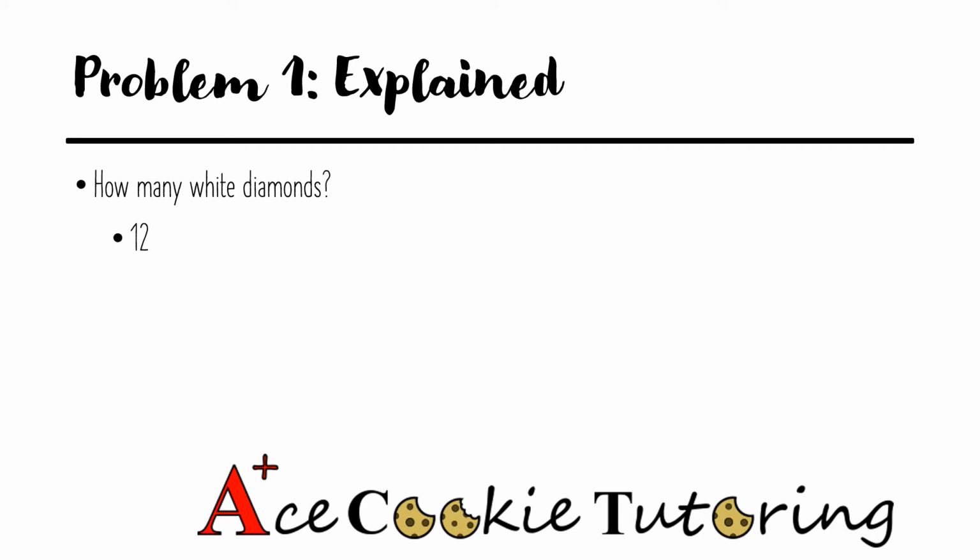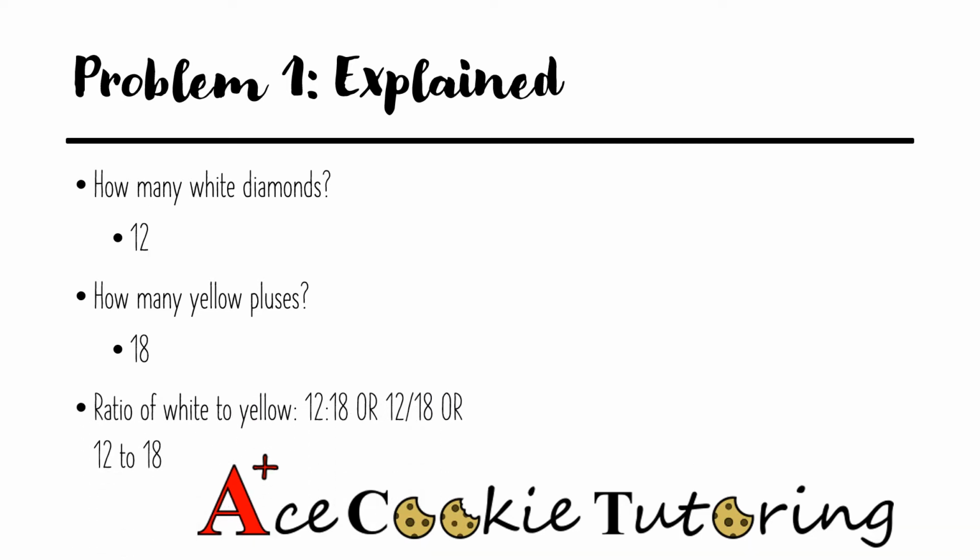The second step was to look at the yellow pluses. There were 18 of those. So now we've got 12 and 18, but we need to figure out how to put that into a ratio. We would use our 3 different methods we talked about: the colon, the fraction, or the word "to." And then the next step is to do the simplified version.